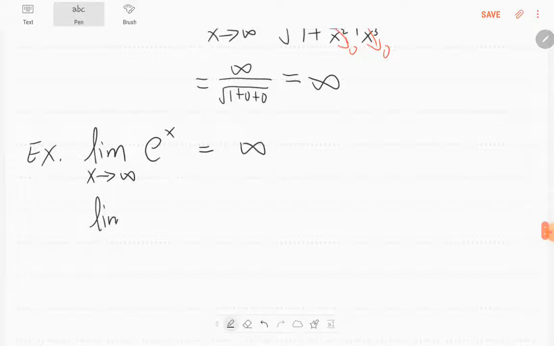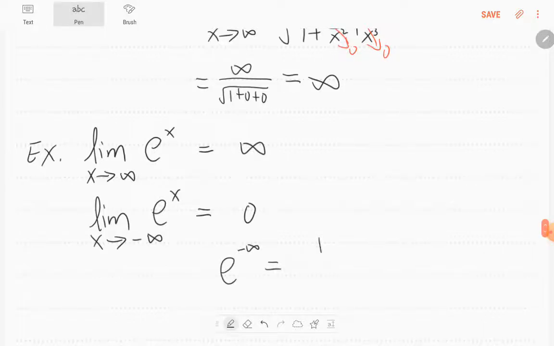If x approaches negative infinity of e to the x, that would be 0. Why? Because it becomes 1 over e to the infinity, and e to the infinity is infinity, so 1 over infinity would be 0.